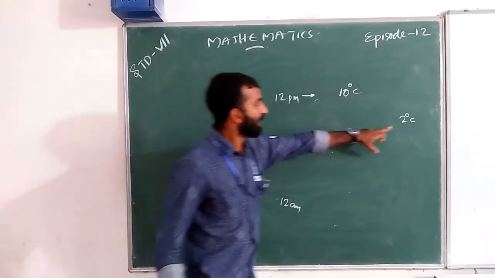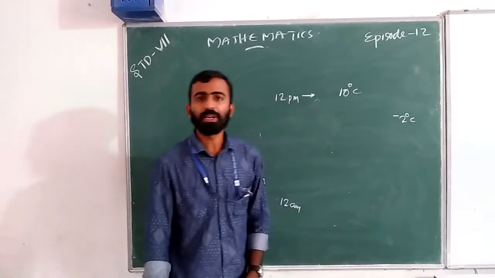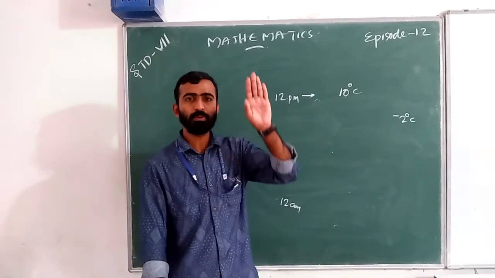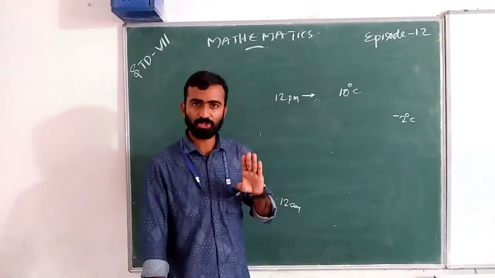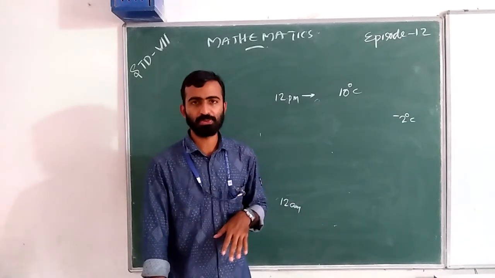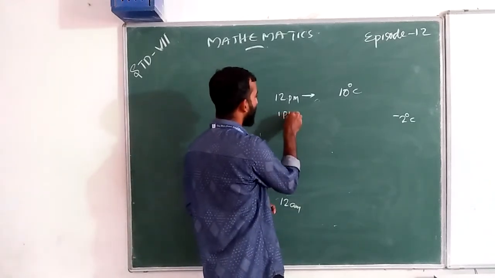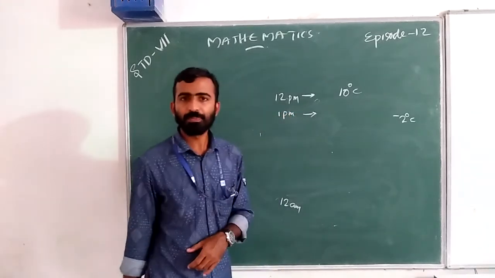Per hour, 2 degrees decreasing, so we put a negative sign. When we go up, we put a positive sign, and when we go down, we put a negative sign. At 1 p.m., what is the temperature?